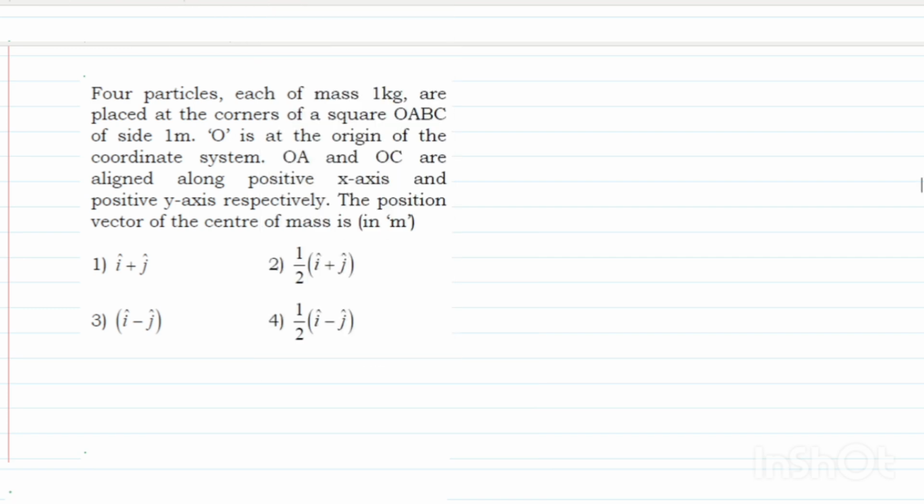Now here you can take the four particles placed like this. They are located at O, A, B, C, lying in the plane, with OA along the x-axis and OC along the y-axis. OA and OC are aligned along the positive axes.